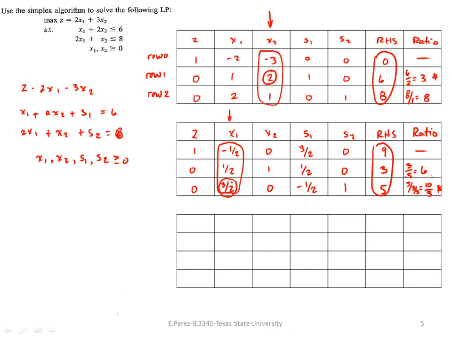So we'll go from here to z, x1, x2, s1, s2, right hand side, ratio.